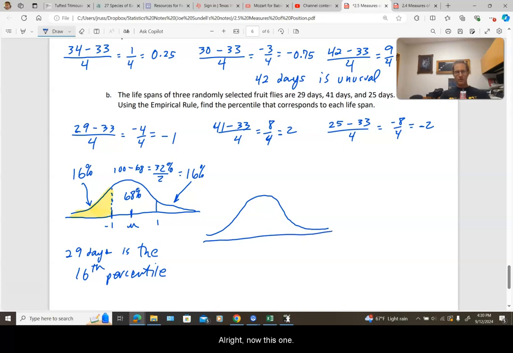All right, now this one, okay, so again, the mean is right here in the center. This one has 2 standard deviations. It's way over here. Okay, so we're trying to find the percentage of data that is to the left. So all of this right here, okay?